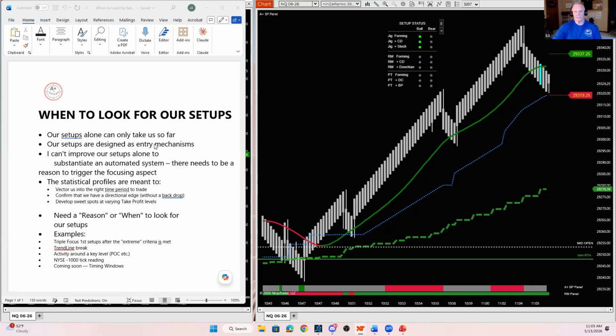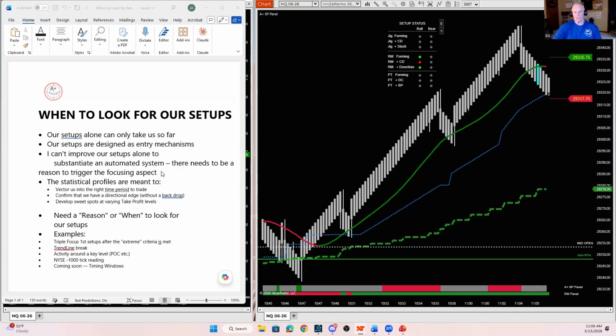So our setups are designed as entry mechanisms. And I can't improve the setups alone to substantiate an automated system. I know that's what everybody wants, but with the setups alone, I can't do that. In theory, there's a possibility, I won't say there is, but there's a possibility that if you can find that win, then there's a possibility of automating one of these setups.